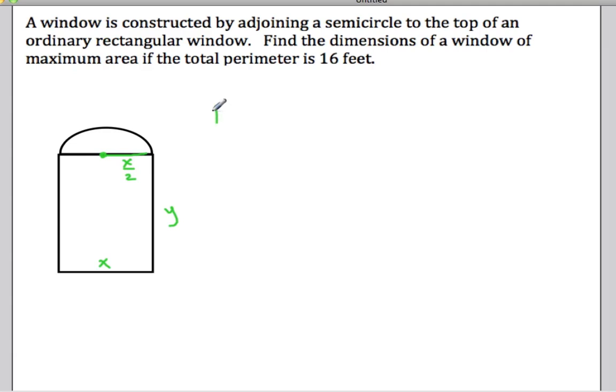Okay, so the perimeter, which is 16, equals, what would that be? The perimeter would be 2y, 2 y's, 1x, and the perimeter of a half circle, this is a semicircle, is 2 pi r divided by 2.